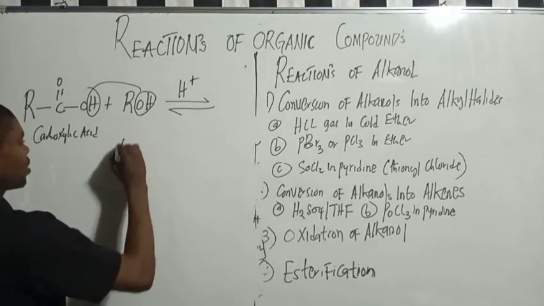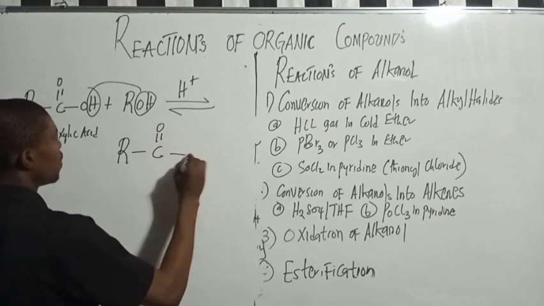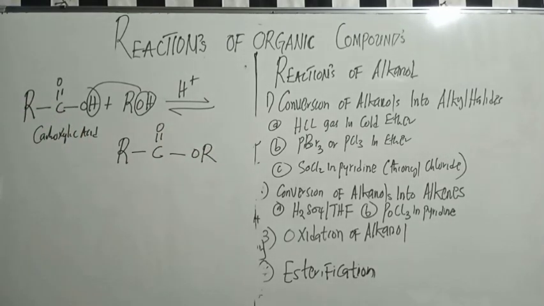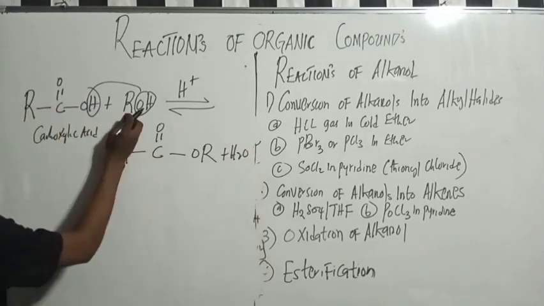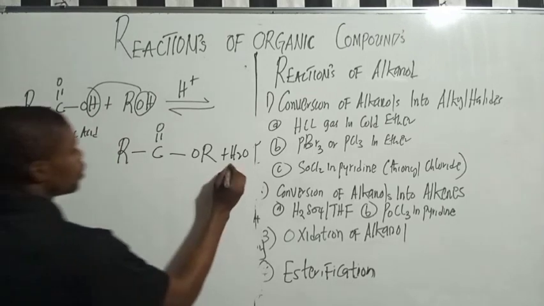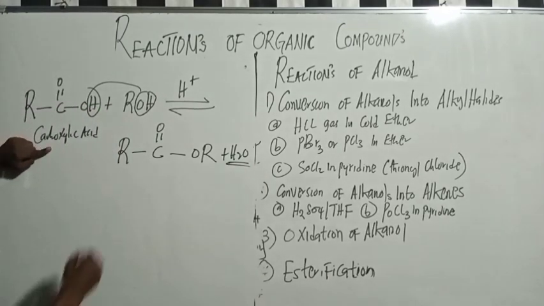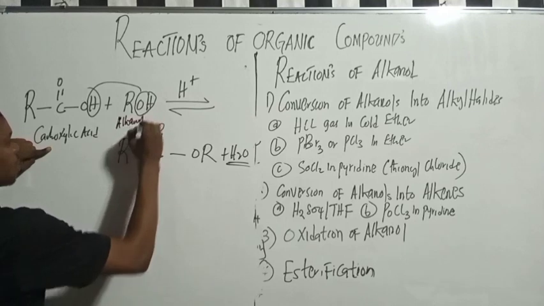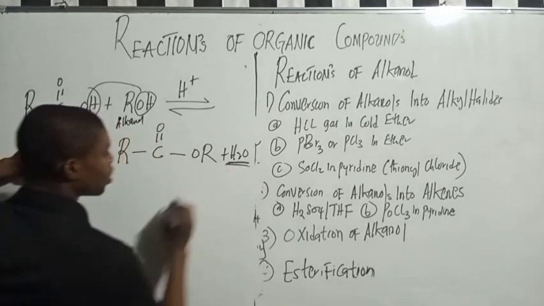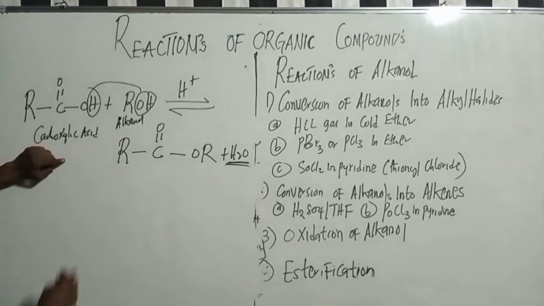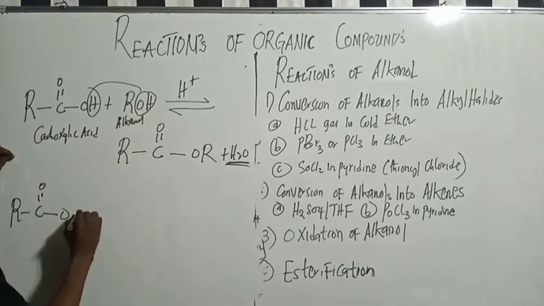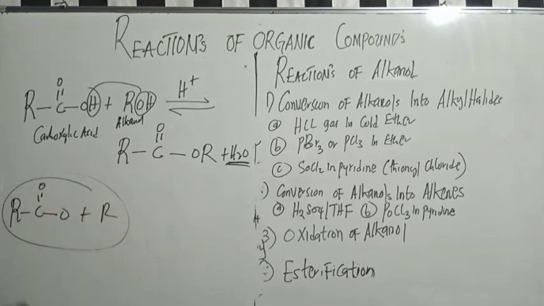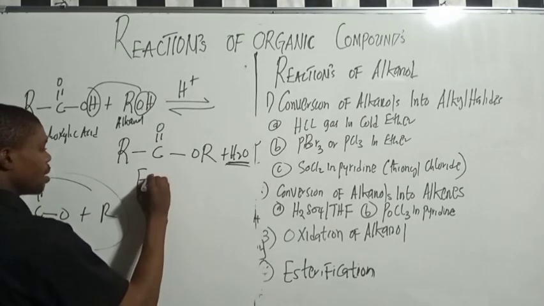So here we have R, C, O, R. Plus H2O, that is the OH and this hydrogen. When you react carboxylic acid and alkanol, you only produce water as a by-product. When you remove hydrogen from here and remove OH from here, they combine together, and you call it an ester.